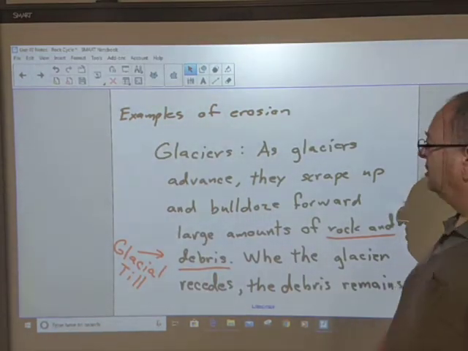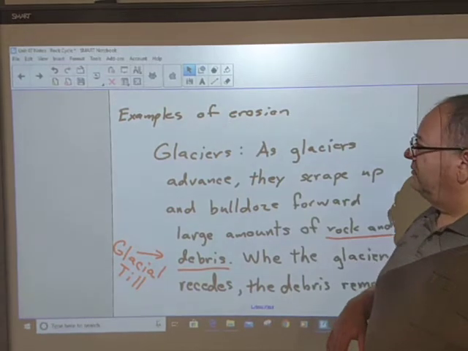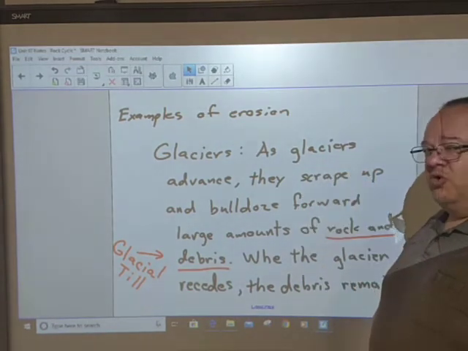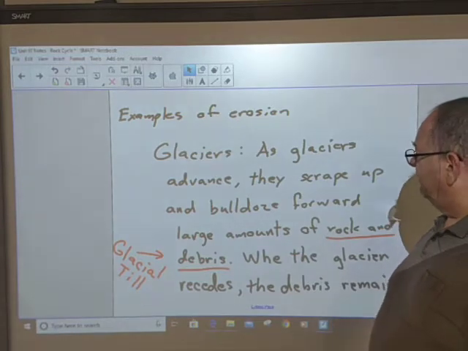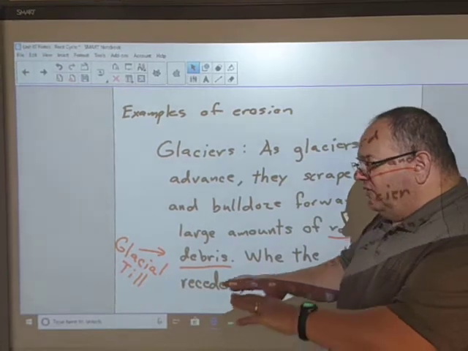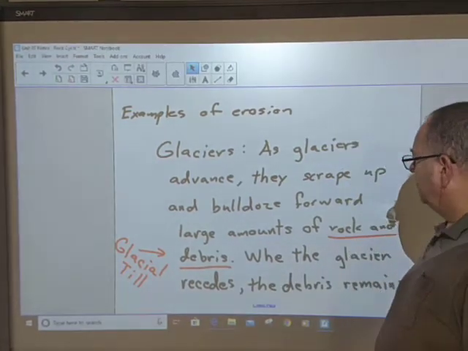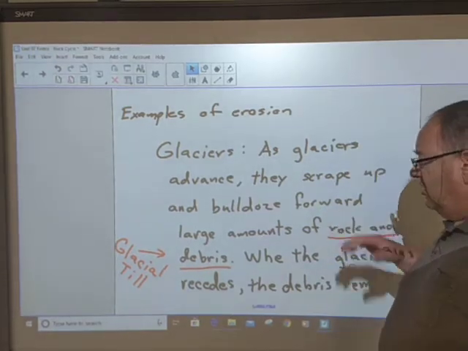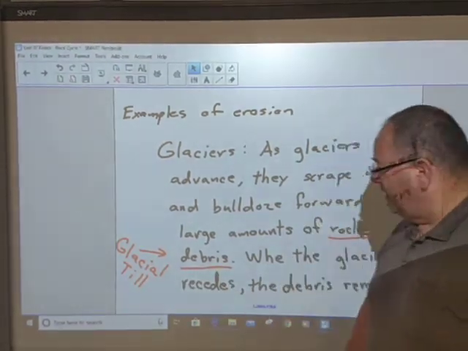Glaciers. There's parts of the world where we have these masses of snow and ice, and they move and they don't stop really for much of anything. And so as they're moving, they're scraping over the landscape. So that scraping is going to have some abrasion action. But then they're going to basically bulldoze forward some of that material.